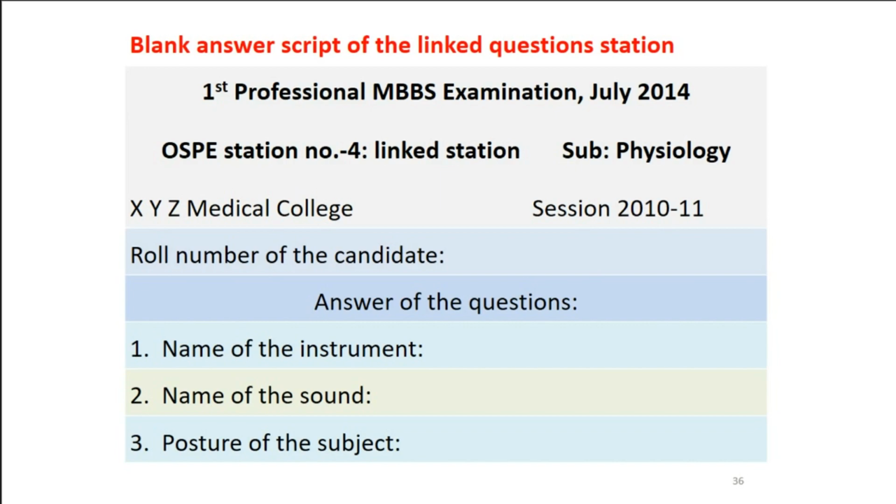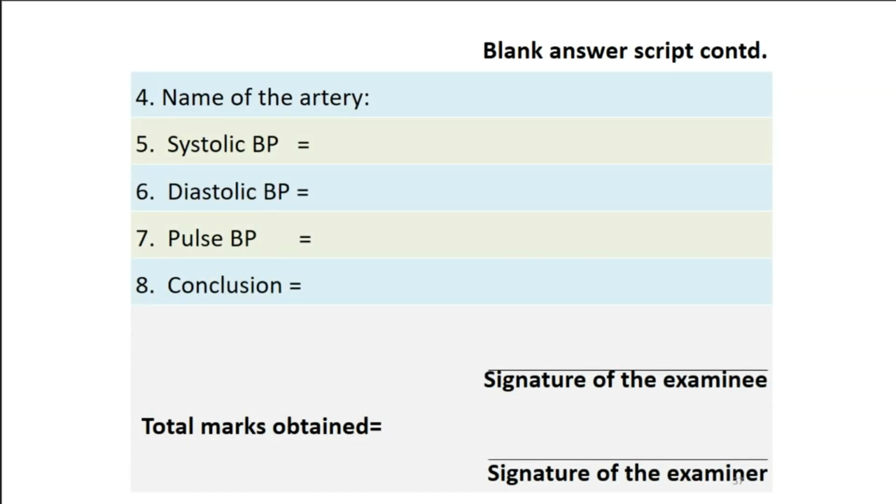Name of the sound. 3. Posture of the subject. 4. Name of the artery. 5. Systolic BP equals. 6. Diastolic BP. 7. Pulse BP. 8. Conclusion. Signature of the examinee. Total marks obtained. Signature of the examiner.